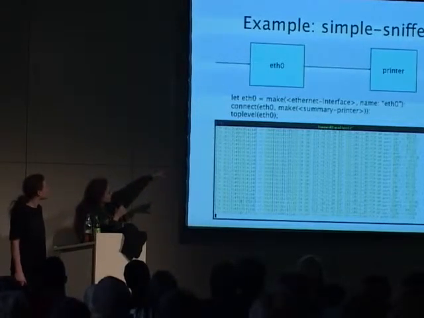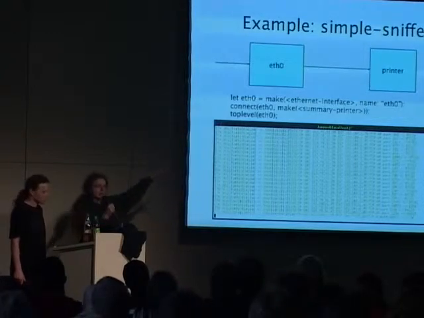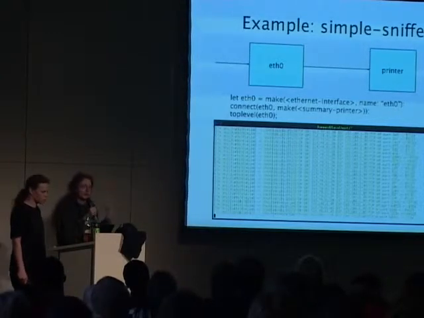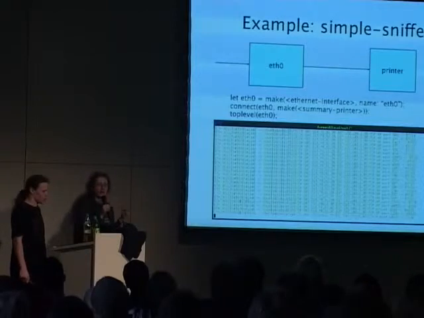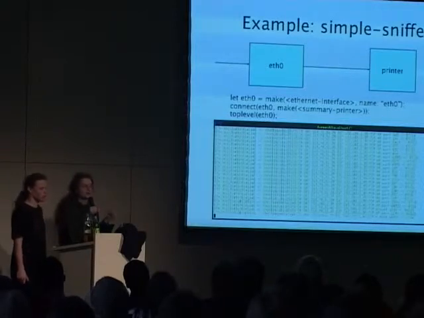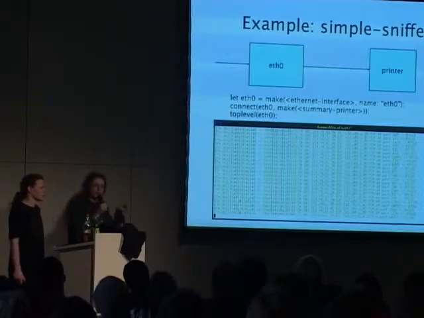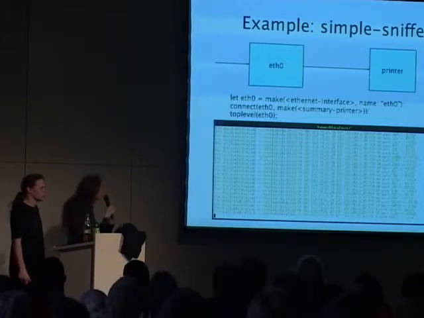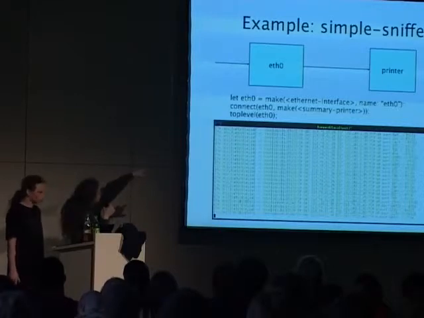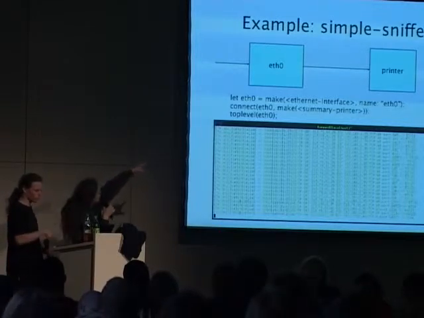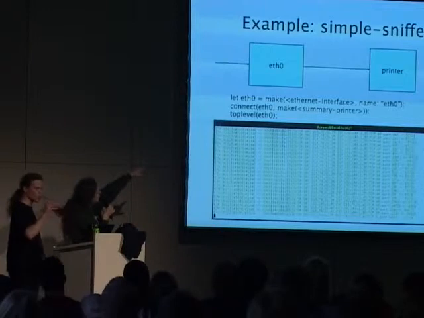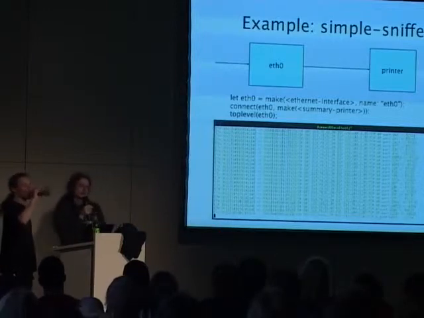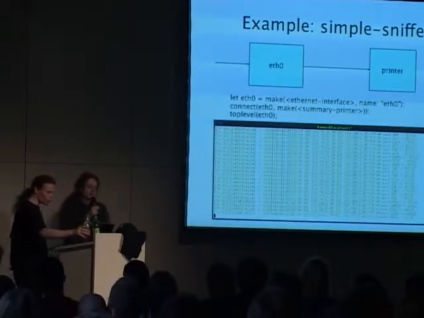Then in the second line, a summary printer is created, which prints a summary of all packets. That's also part of our definition language, that you can say summary, colon, then the format string, and the number of parameters to get a nice printing. And then that summary printer is connected to the Ethernet interface, and in the third line, the top-level entry function is called, and it will start printing the packets.